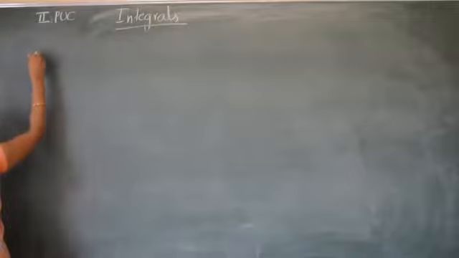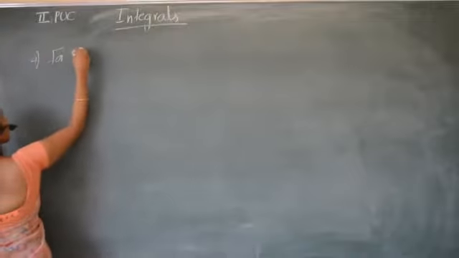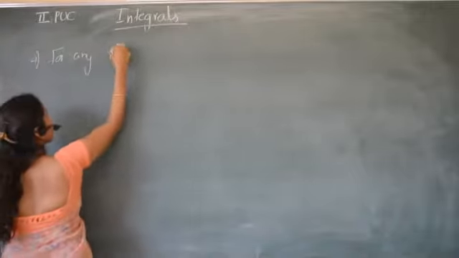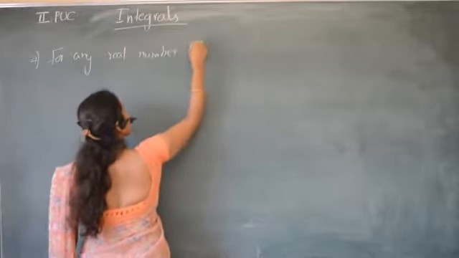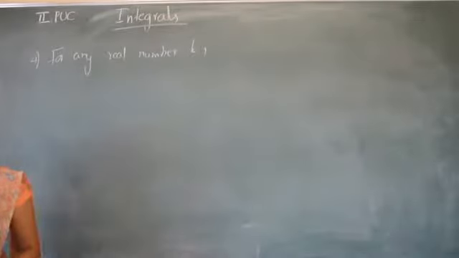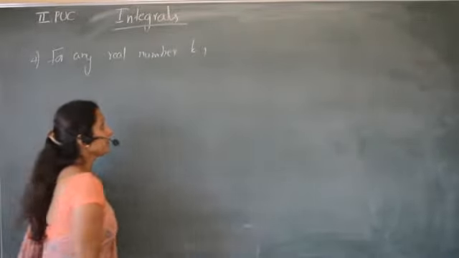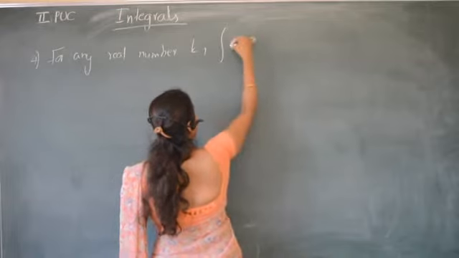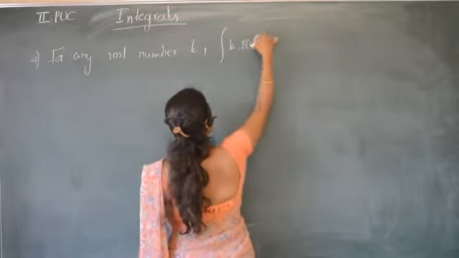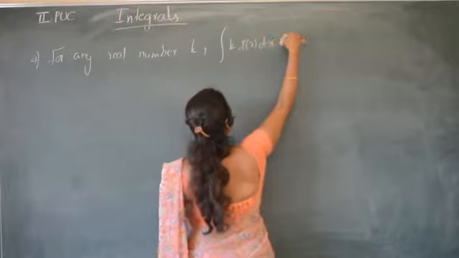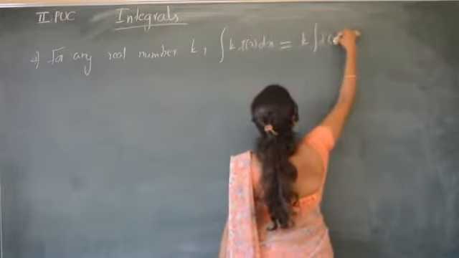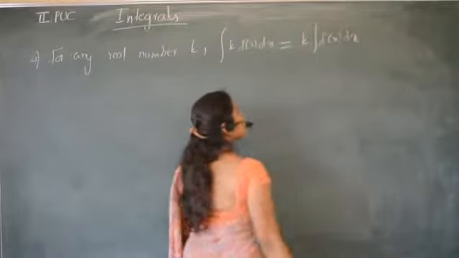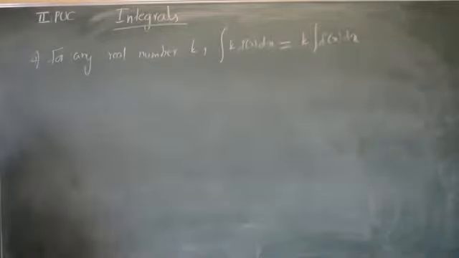For any real number k, the integral of k times f of x dx can be written as k times the integral of f of x dx.